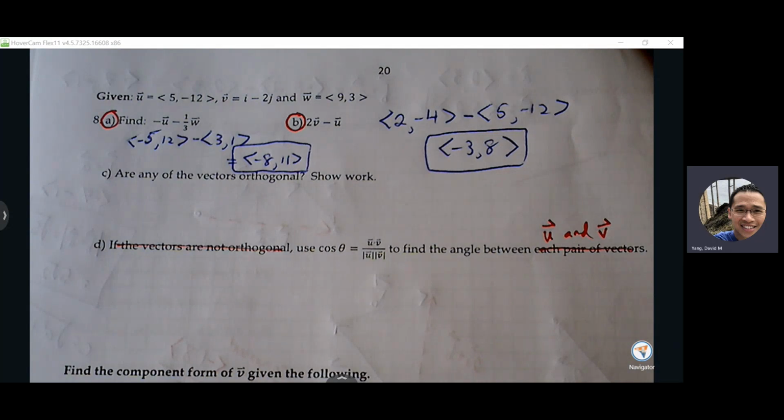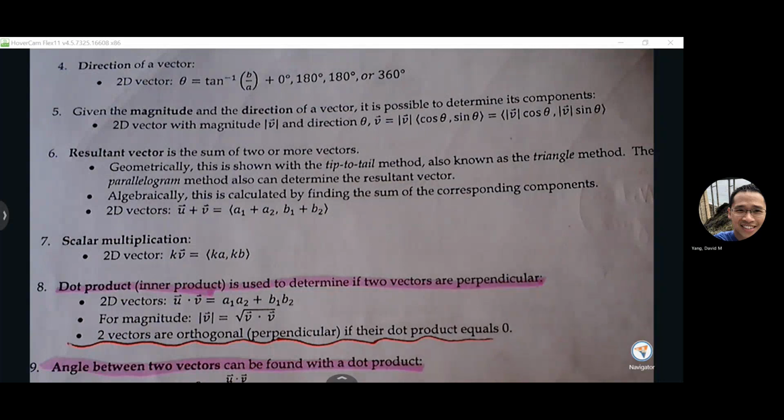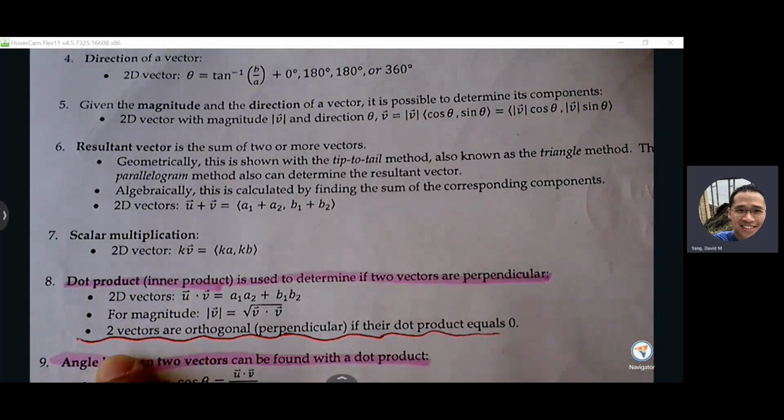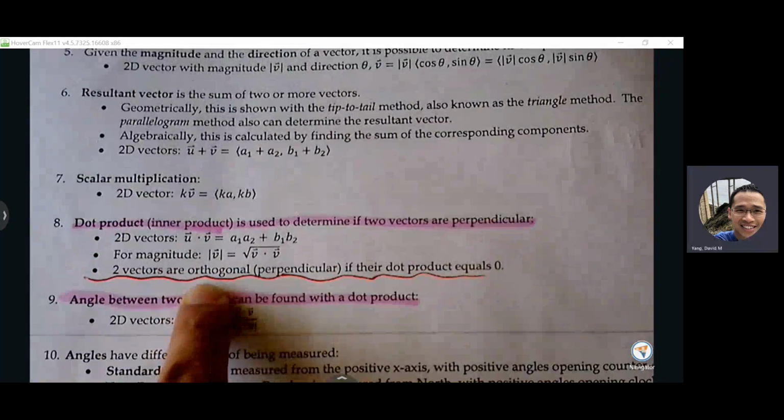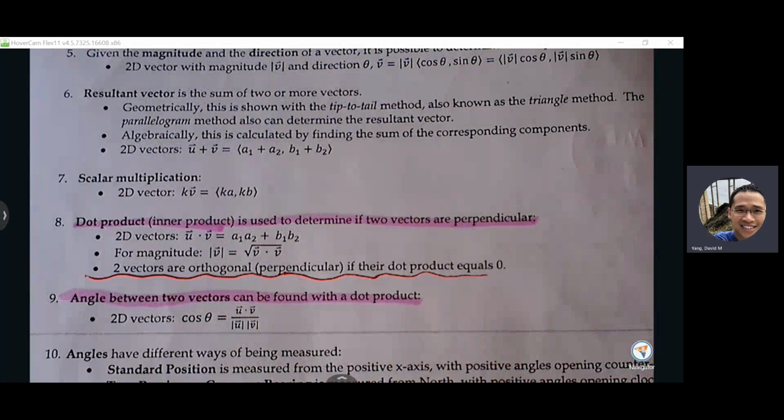Now, let me review a bit with part C and D. Are any of the vectors orthogonal? So this is on your summary sheet, which is on the back of your calendar. It says that two vectors are orthogonal or perpendicular if their dot product is equal to 0.